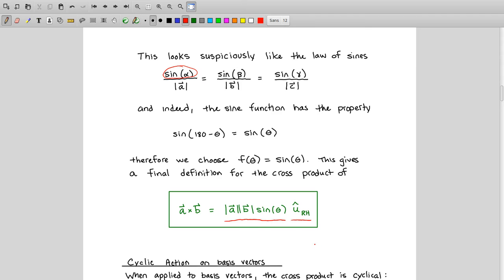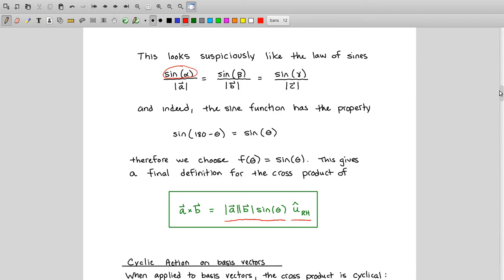So it looks similar to the dot product in that you have this relationship with a trigonometric function here, but the major difference, of course, is that it's a vector, and the direction of that vector is given by this unit vector here, which is obtained using the right-hand rule. So that was kind of long.